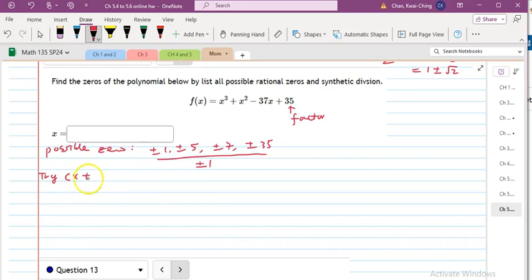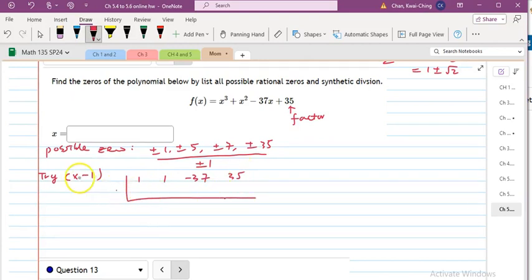So then we have to try x plus 1, well, actually, I'm going to try x minus 1, because the coefficients are 1, 1, negative 37 and 35.